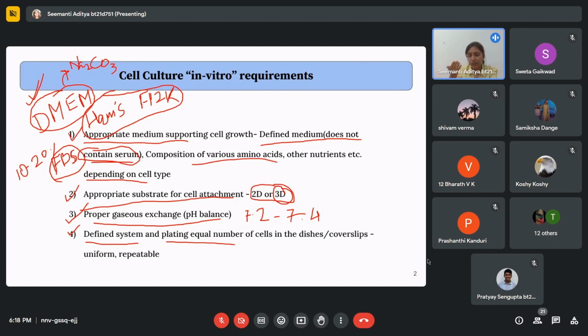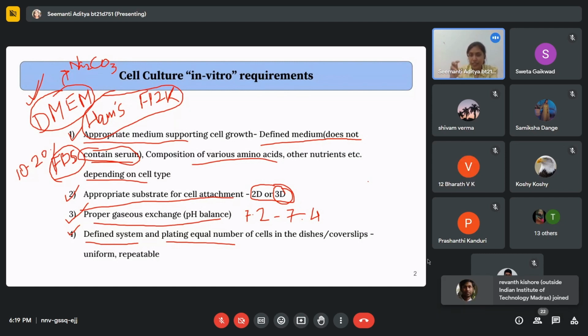For any kind of experiment, we need to do it in biological triplicates. There is a difference between technical triplicates and biological triplicates. Technical triplicates means at one time you have 3 different cover slips where you're doing the experiment, so you have the result from 3 different cover slips.